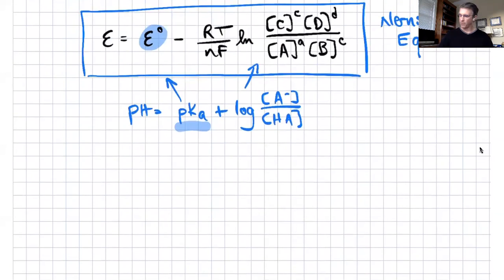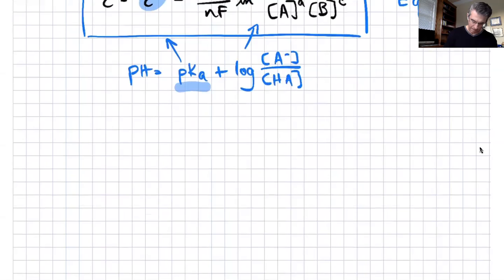And it turns out, if you plot out the Nernst equation, you get a relationship that ought to look pretty familiar from thinking about the Henderson-Hasselbalch equation.